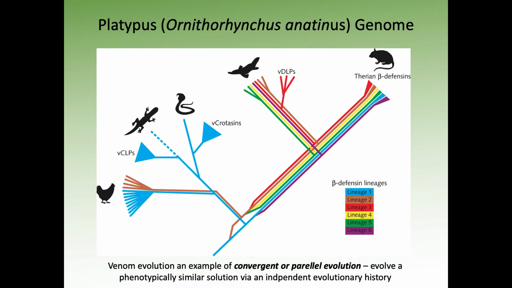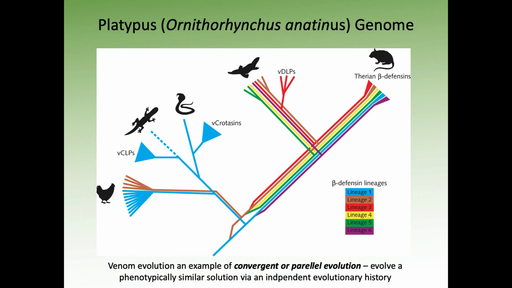So you think about how venom has evolved, right? They have actually evolved venom independently. A lot of venom has evolved from these beta defensin lineages. And we can see that there's this blue lineage, lineage 1, where venom has evolved in reptiles.